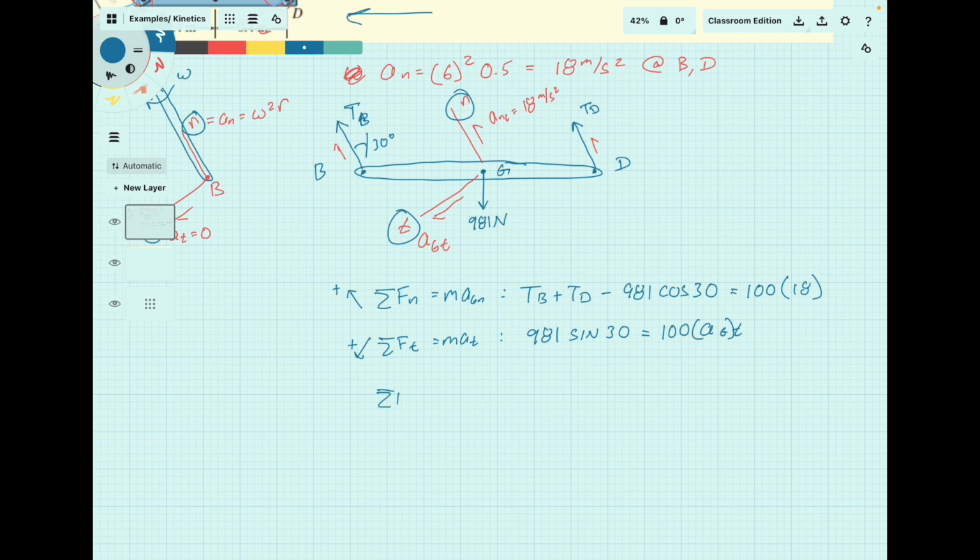And then if we sum the moments at G, that is definitely not rotating, so it is going to be equal to 0. We have a component of TB causing a negative rotation, cos 30 times 0.4, plus TD cos 30 times 0.4.